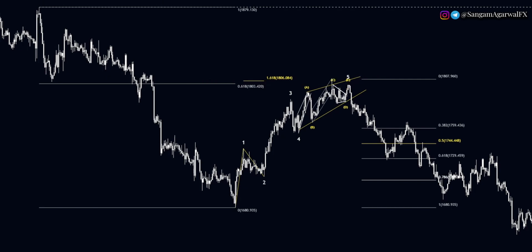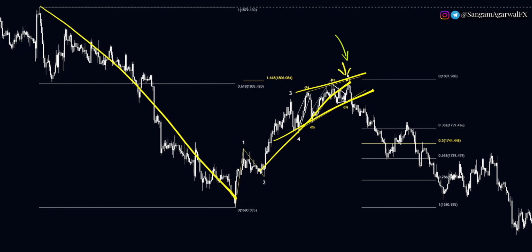And the extension tool for the fifth wave and third wave combined was a 61% projection at 1806. So three things: the retracement level of the previous wave, the extension tool for the third and fifth wave together, and this ending diagonal chart pattern were predicting a top at this level.